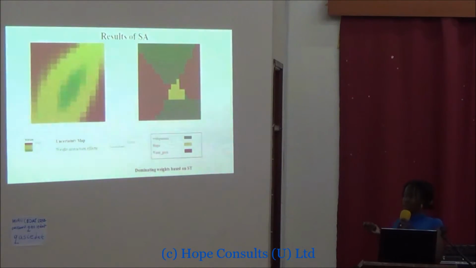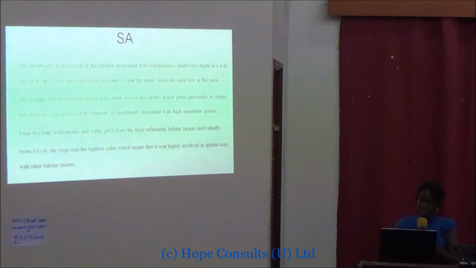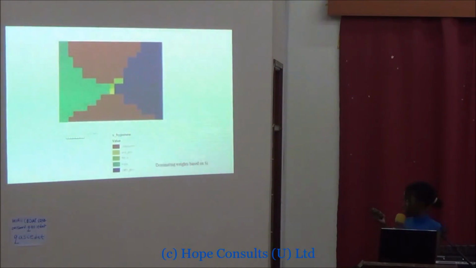Wherever there is water, that bacteria will survive. And then the slope, which contributed the least here, but contributed a lot here, shows that it can only be considered if it's involved in interactions with all the other habitat factors.